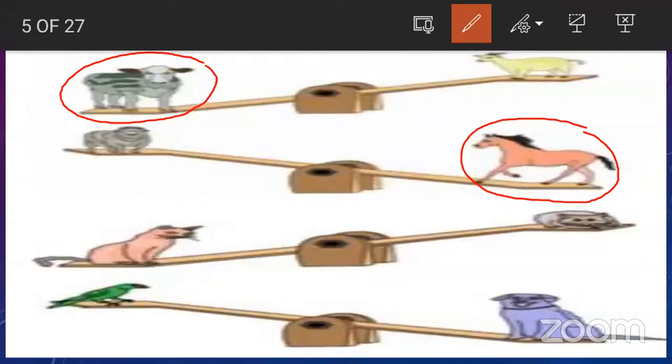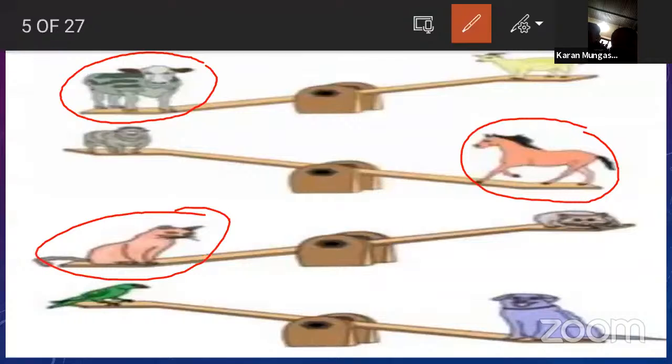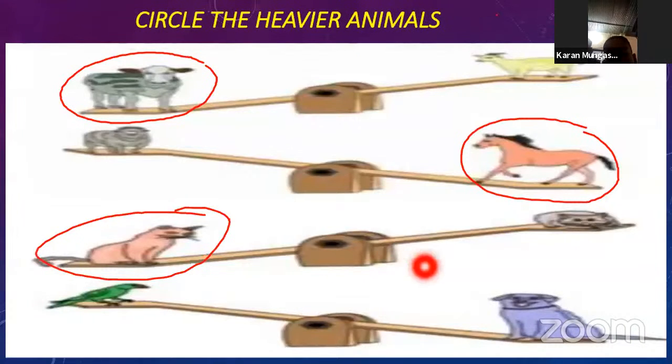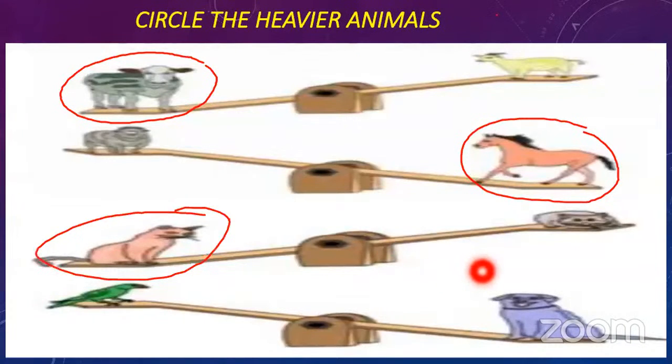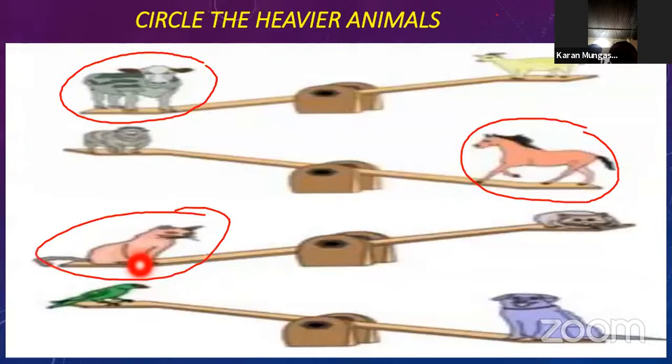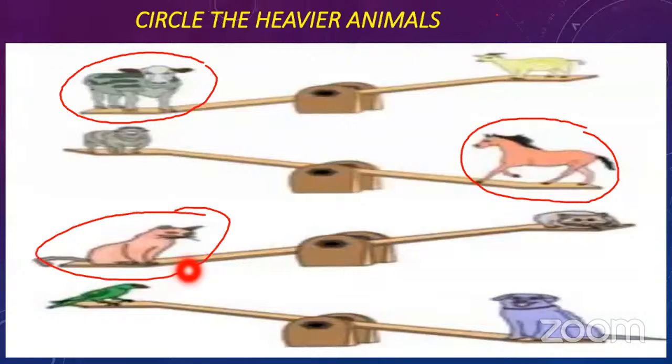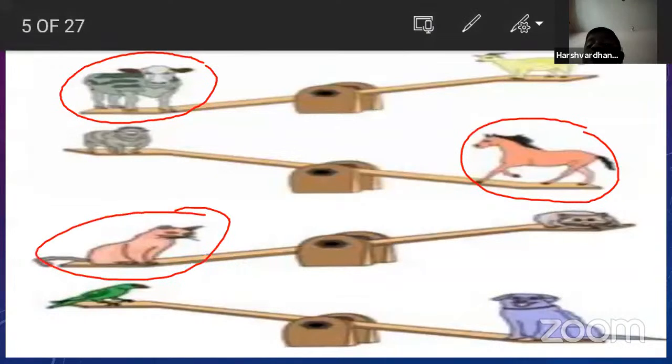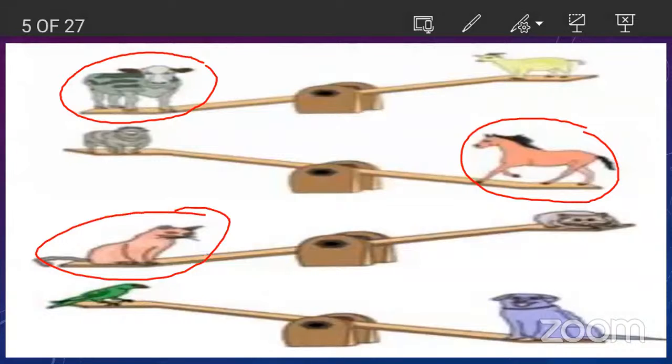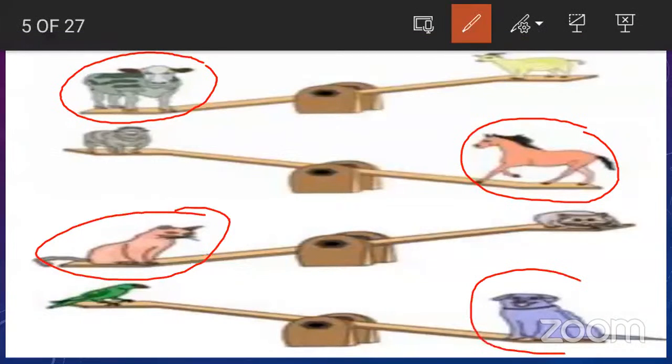Very nice. Now we will put the circle to the cat. The last one is, yes, what is this? Dog. And this the bird. So which one is heavier? Dog is heavier. Very good. So let us put circle to the dog.